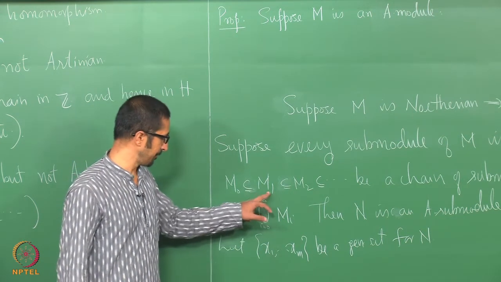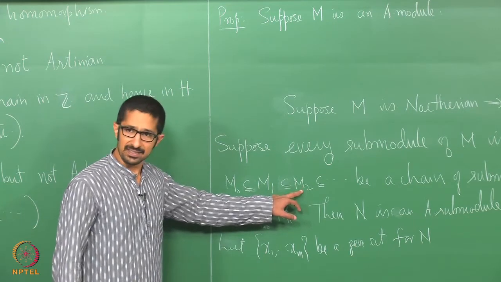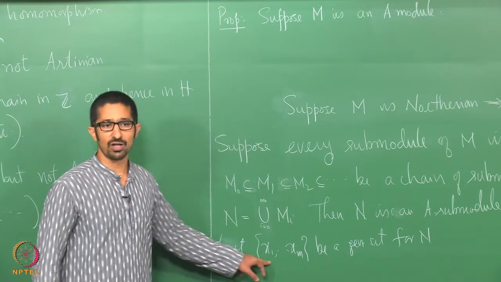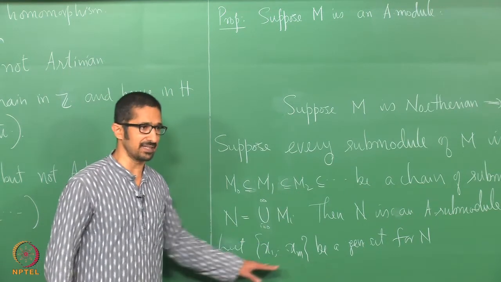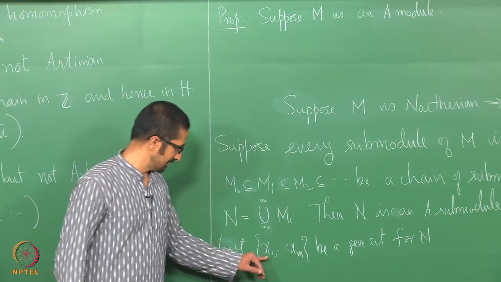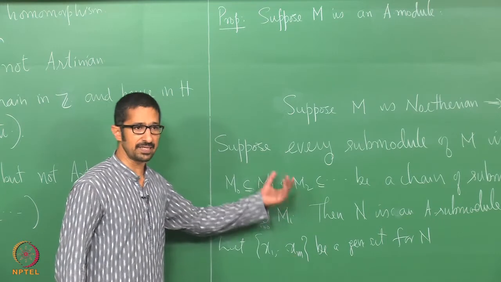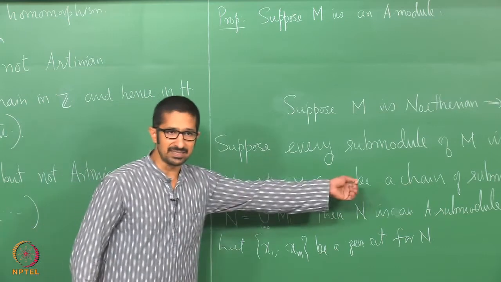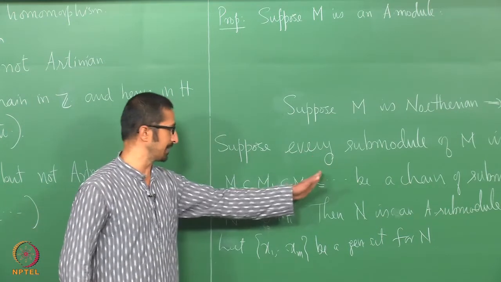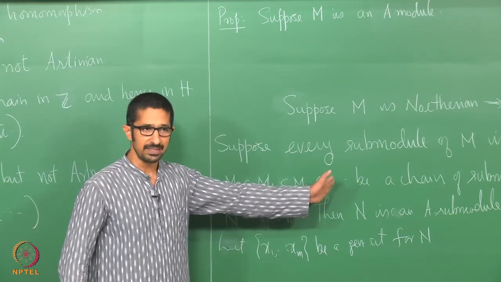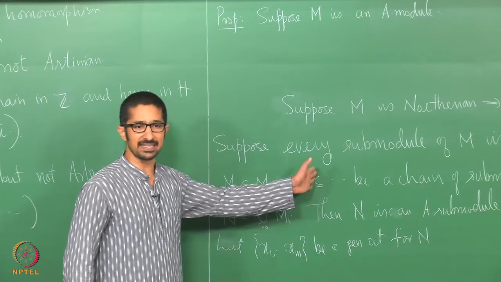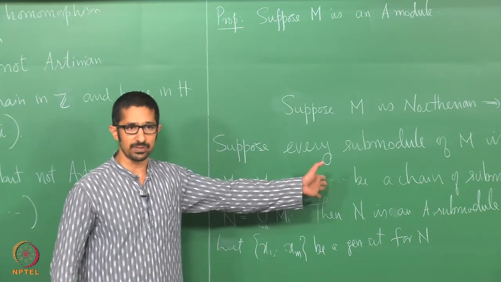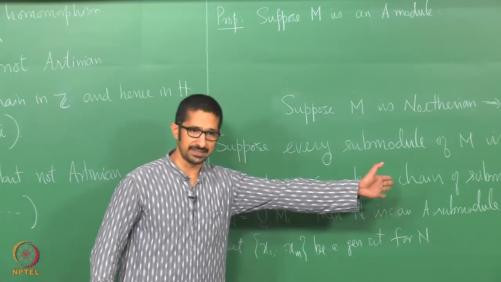I look for the least k which contains all of them. This set is finite, therefore at some finite stage it will be contained in one of the Mi. That means N will be contained in that particular submodule, which means N will be equal to that, so from there it terminates.